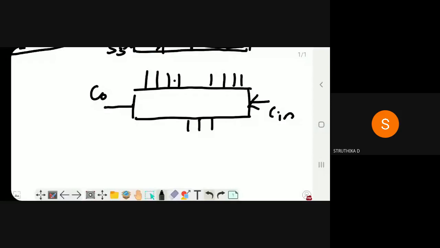So A0, A1, A2, A3, B0, B1, B2, B3. I will give the A value in these 4 pins and the B value in these 4 pins, and I will get S3, S2, S1, S0, that is the sum, at the output pins.